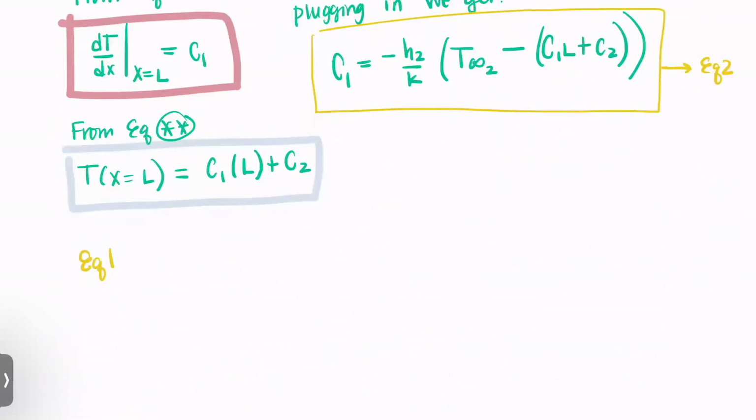So equations 1 and 2 give us 2 equations with 2 unknowns. So we need to solve these 2 to find C1 and C2. Okay?